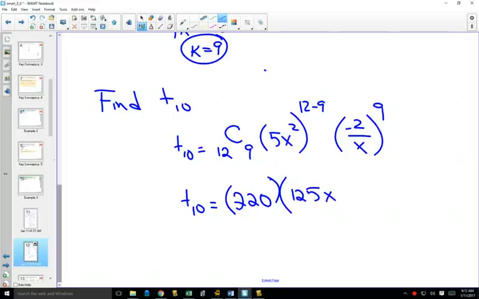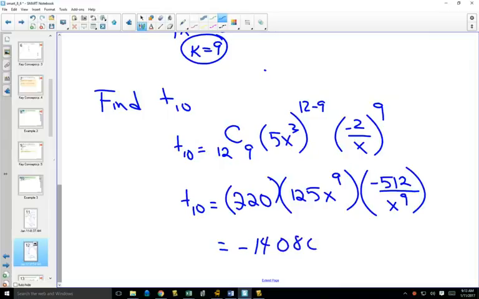X to the, this was a 3, right? 9. Negative 2 to the power of 12 is negative 512. X to the 9. Multiply all those numbers together. Just check and make sure I didn't forget a 0. No, we're good. And that would be the constant term.